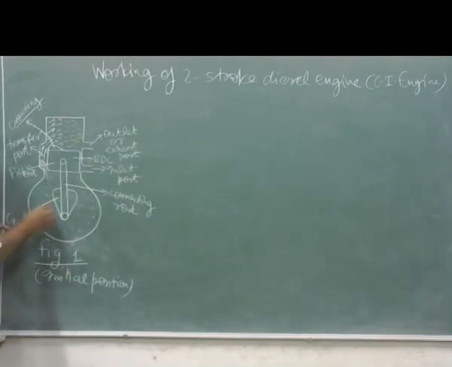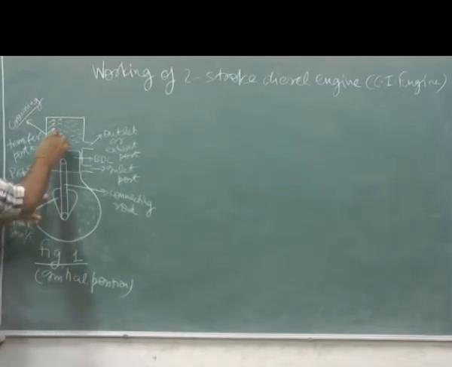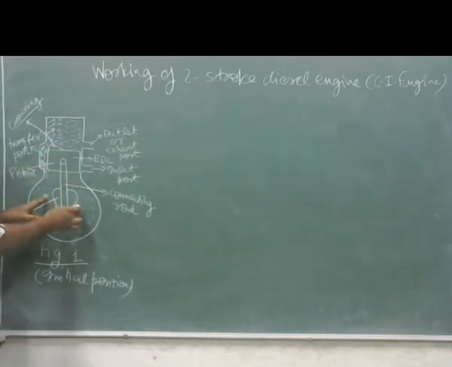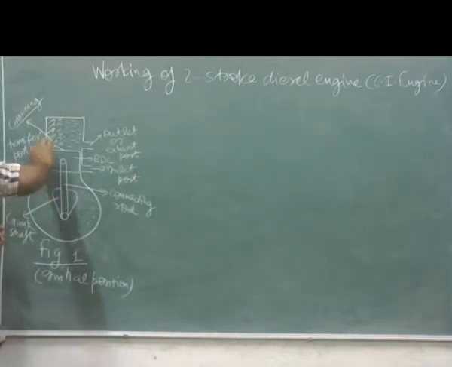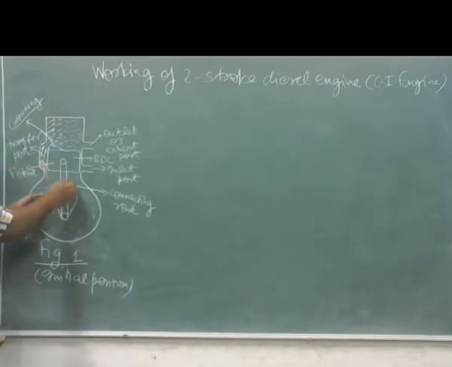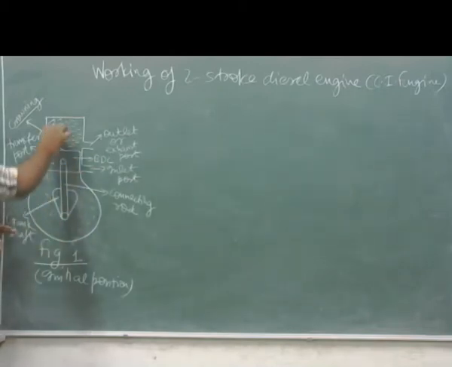So this fresh air flows through this side port from the space below the piston to the space above the piston. That's why this port is known as the transfer port, because by this port the air is transferred from the space below the piston to the space above the piston.